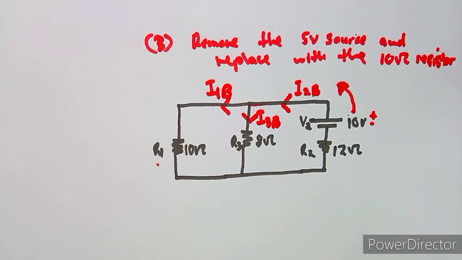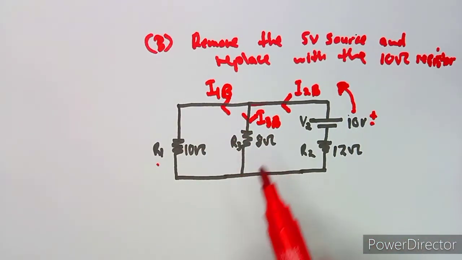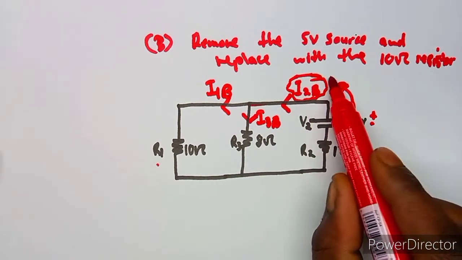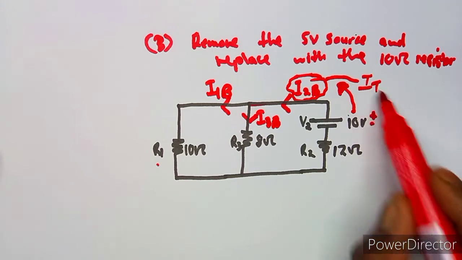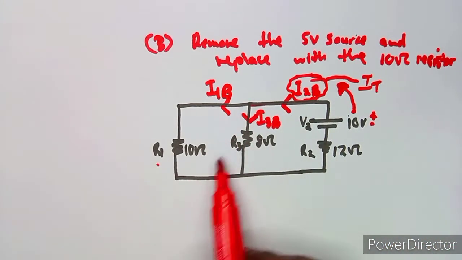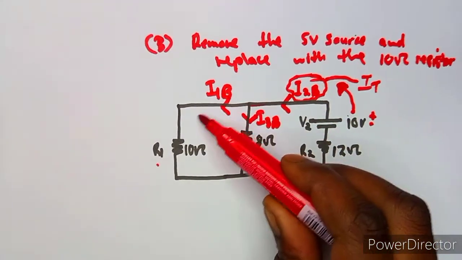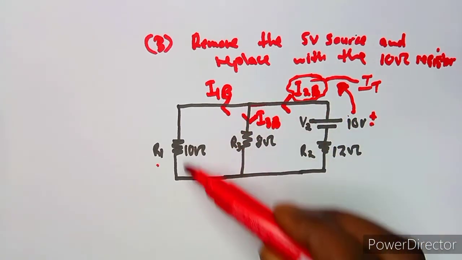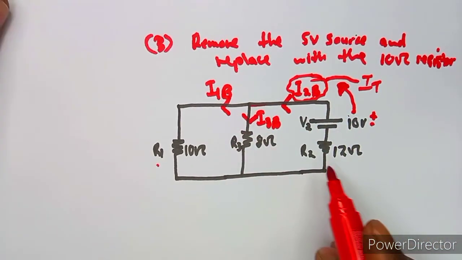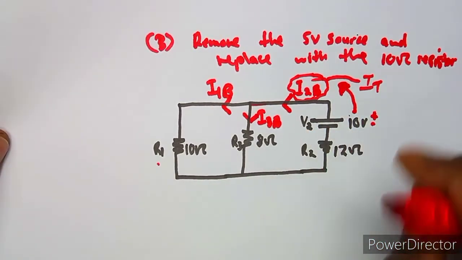So according to the flow of currents that we are having, this is now the supply current, which is actually the total current that is going to supply this. According to Kirchhoff's law, it is going to branch here and also branch here, and the two will come back again and circulate again.